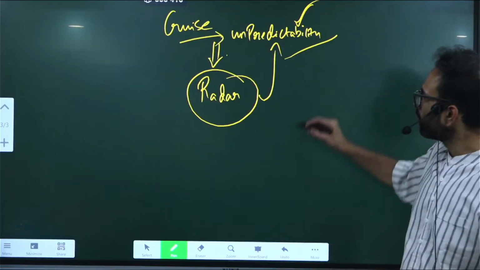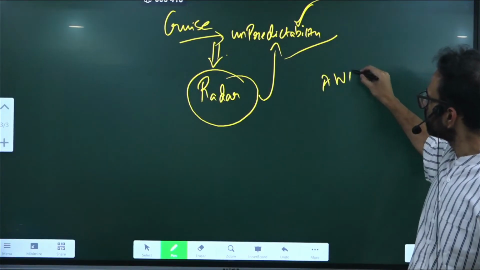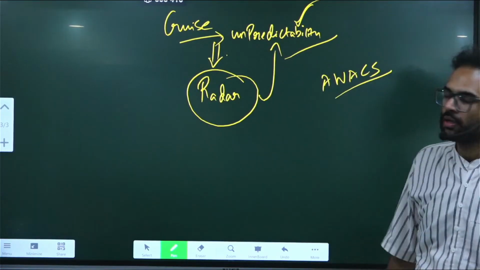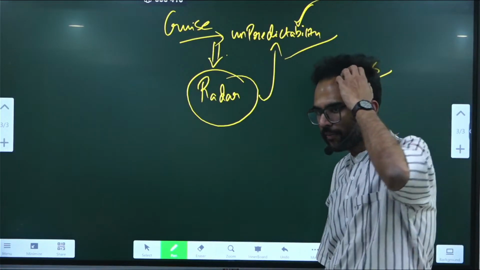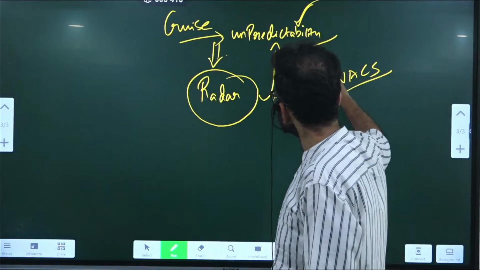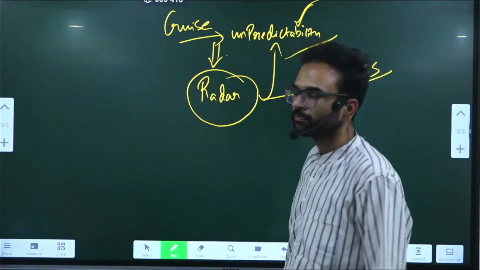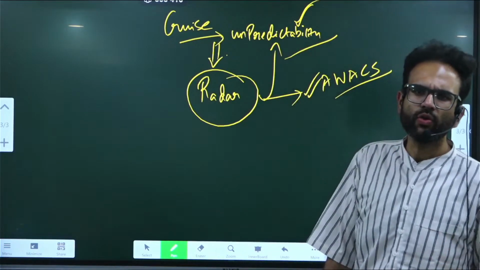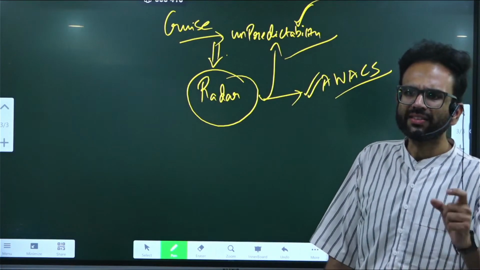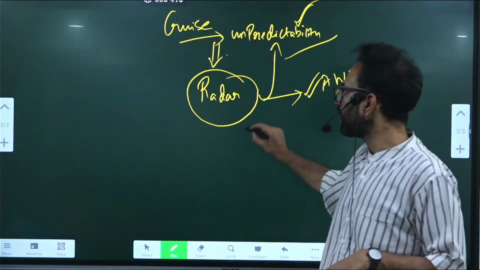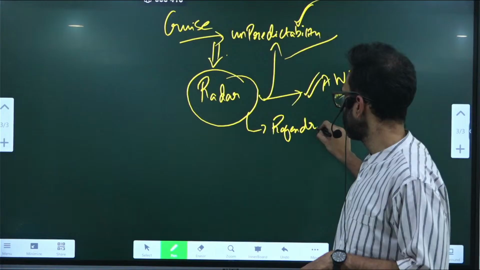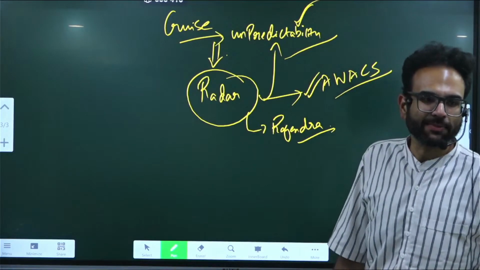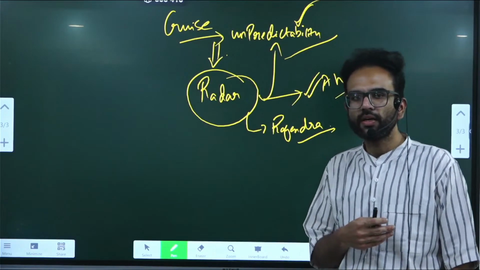In India, you have something called AWACS, Advanced Warning and Control Systems. Okay, so this is a kind of radar. Now you might get questions. What is Rajendra, for example? Rajendra is an Indian radar system. What kind of questions can you expect on the basis of the discussion till now?